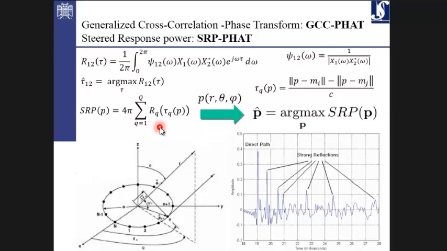Assuming that this room is granularly separated into different grids, it tries to look through all the grids and grab the places where the generalized cross correlation, taking the average in that place, gives the maximum energy. And that's the SRP method.